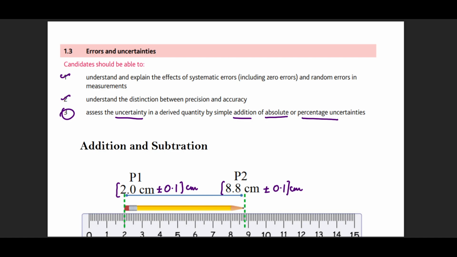Now, where can you see a case of addition or subtraction? But before we move ahead with that, we need to understand how to represent a quantity in terms of errors. For example, you take this measurement, let's say it is 8.8 centimeters.